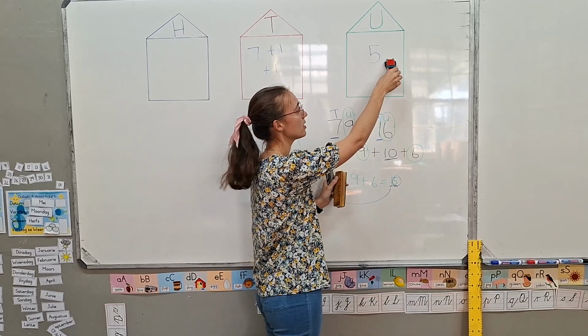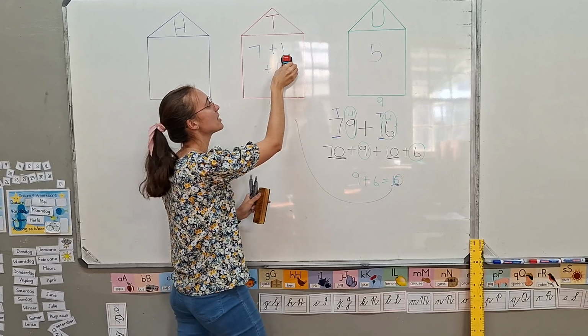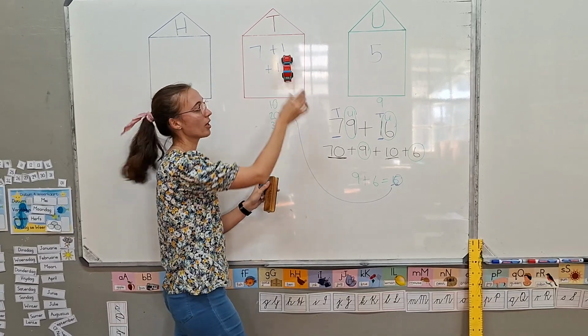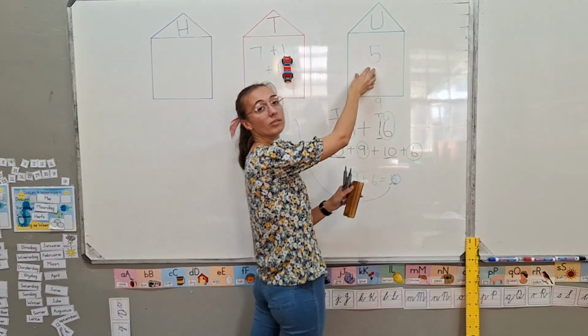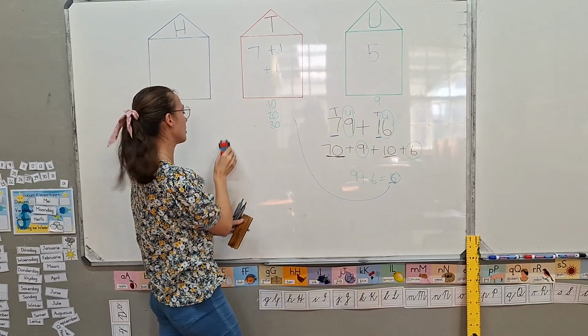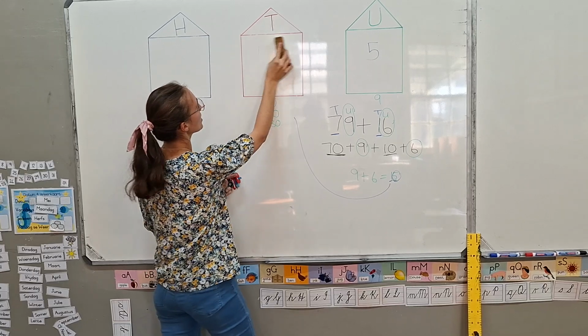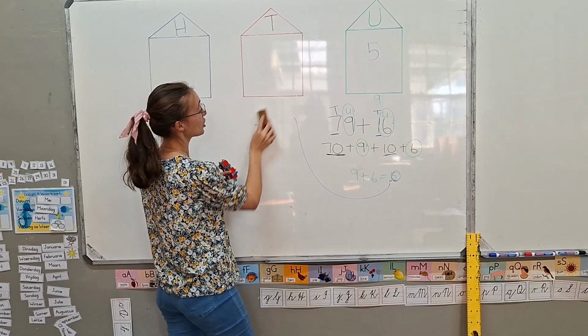So the taxi transported that 10 over to the tens house. So there's only 5 units left for the next taxi. It's a good example to make, and it's very good for the children.